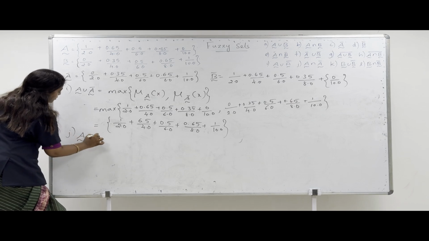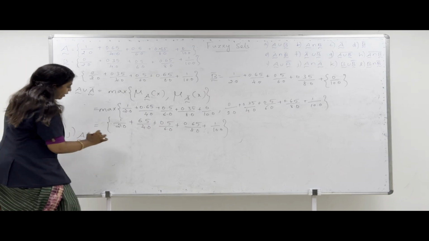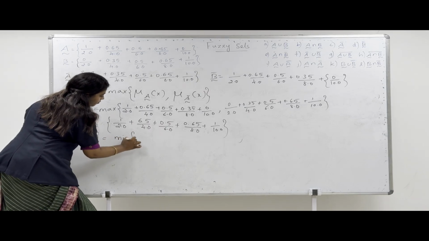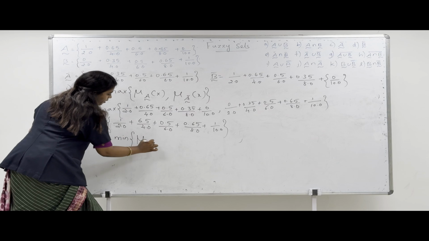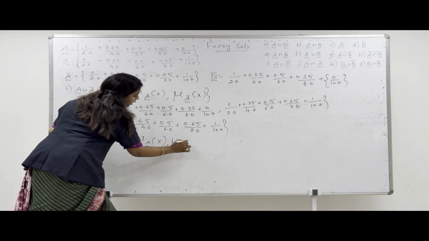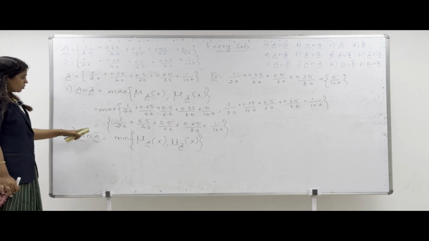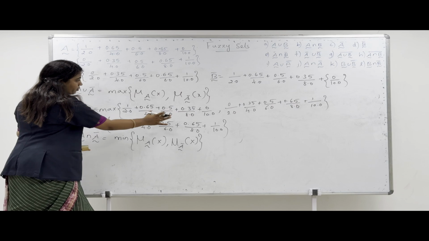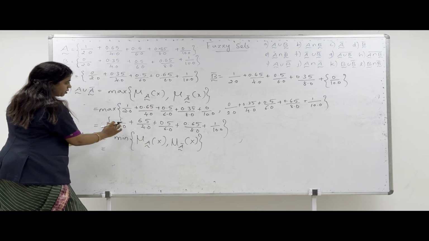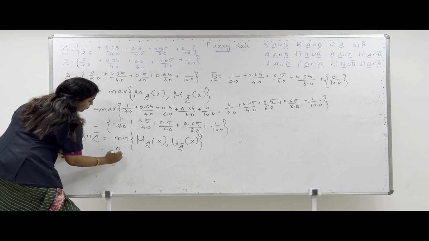A intersection A bar. If there is intersection, you have to write min. Min of membership A of x, comma membership A bar of x. So, this is the formula for that. Using the same values, you are going to find the min. So, 1 and 0, which is the minimum, 0.